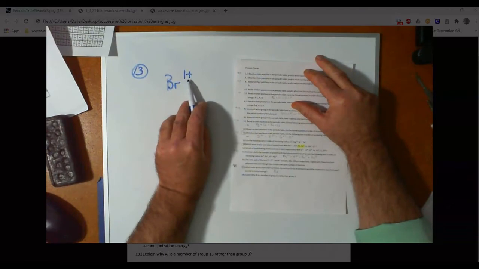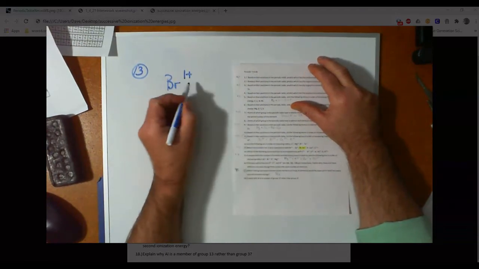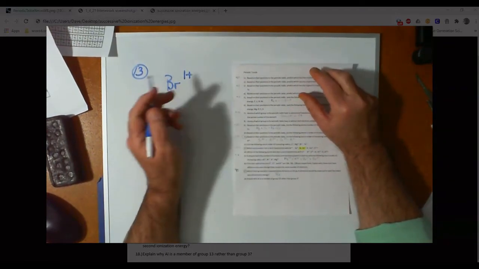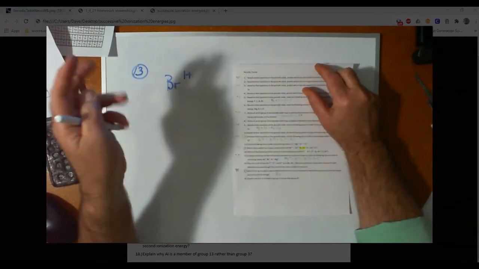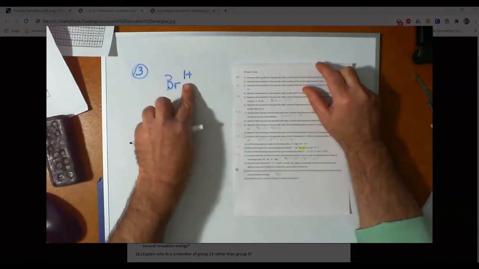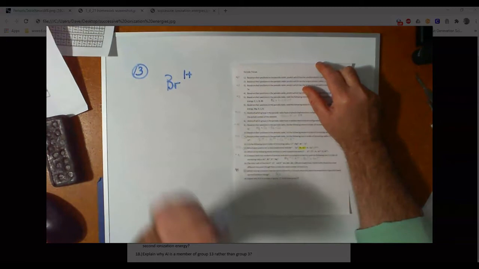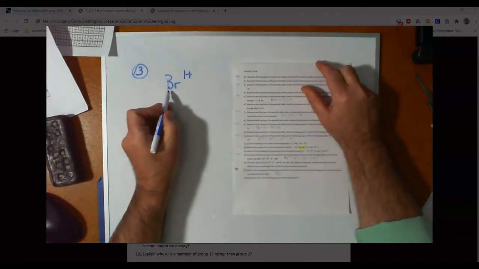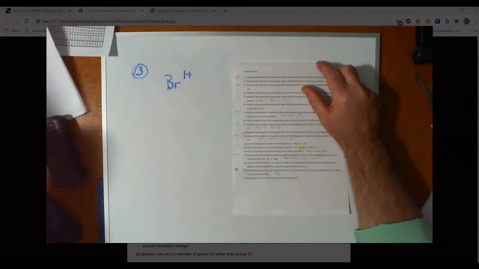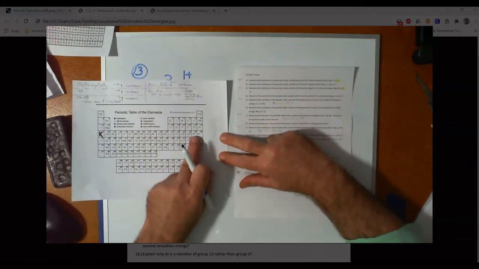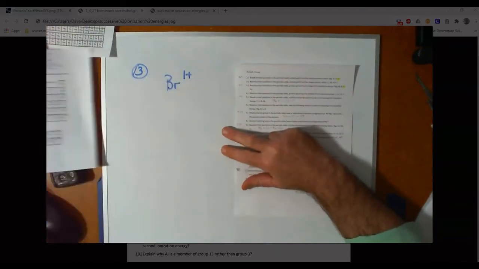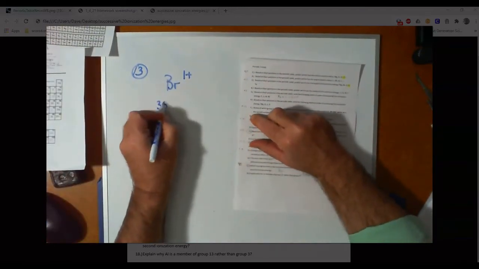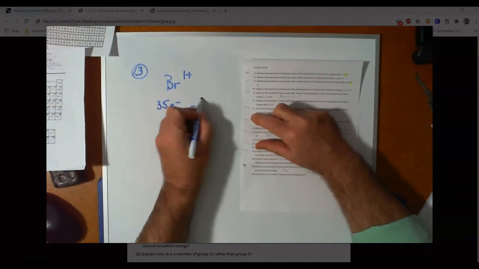The fact that it has a +1 or 1 plus charge means that it has lost an electron. This bromine atom has lost a negative charge, so what remains is a +1 ion. And so this is bromine, which normally, if you look at a periodic table, bromine is atomic number 35. So it's going to be 35 electrons minus 1.